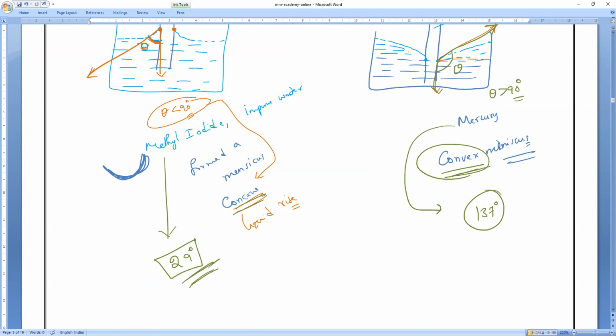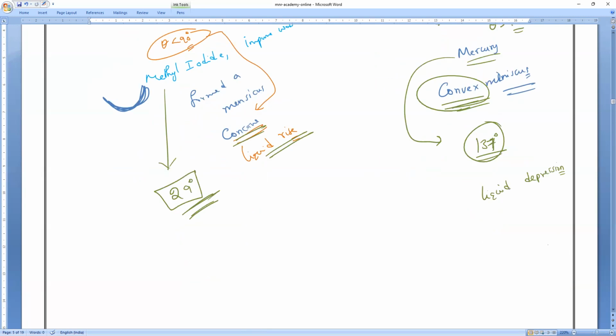In these cases the liquid will rise, and in those cases it goes downwards. The physics word for going downwards is depression. So the liquid will depress.